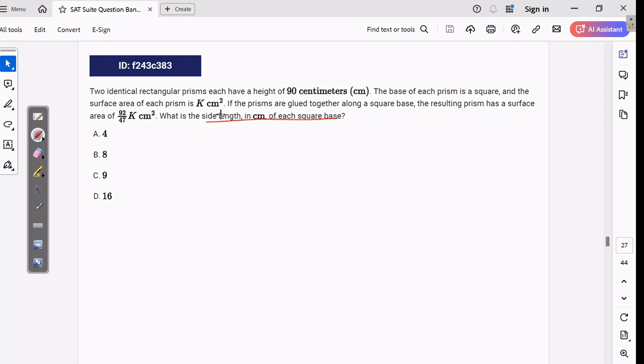Okay, what is the side length in centimeters of each square base? Can you imagine an object which is a rectangular prism but it has a square base? It will be kind of like this. Just imagine that.